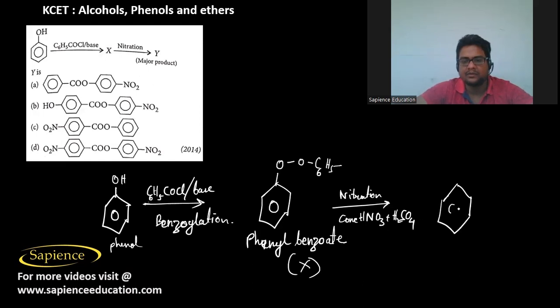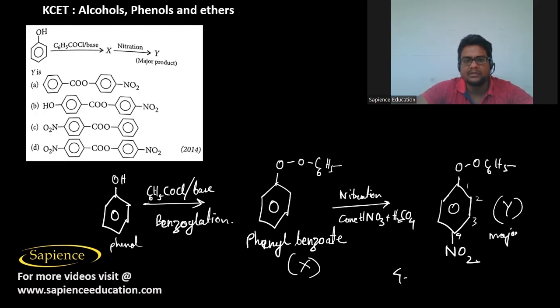So it will give one NO2 group in the para position, and this will be OOC6H5. So it will form 1, 2, 3, 4. So it is the compound Y, which is the major product that is formed.